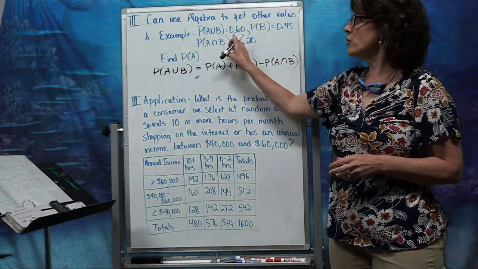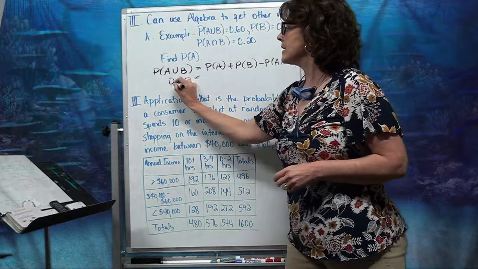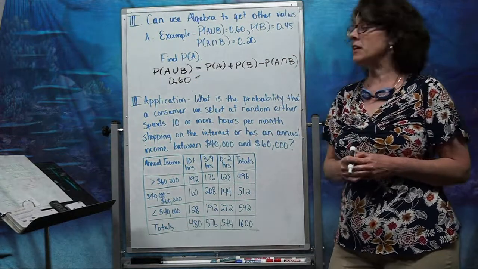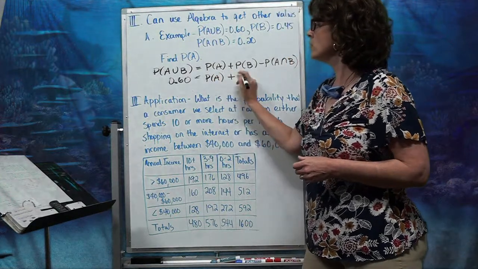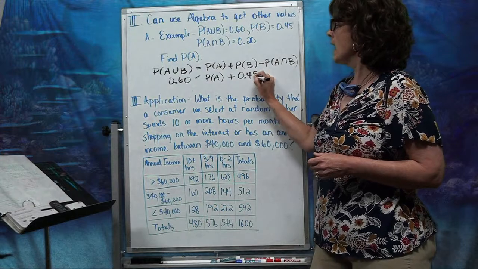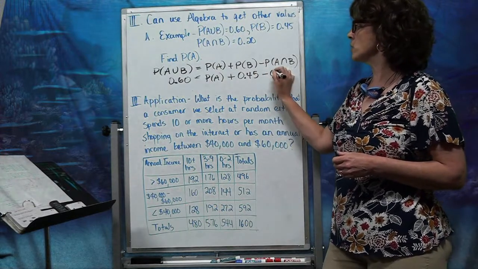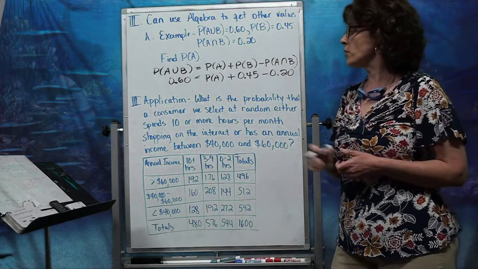Now, I do know the union is 0.60, that is, 60%. I do not know the probability of A. That's what I'm looking for, so I'm going to leave it in there. I do know that the probability of B is 0.45, 45%. And I do know that the intersection is 0.20. So here I can just basically do algebra in order to figure it out.